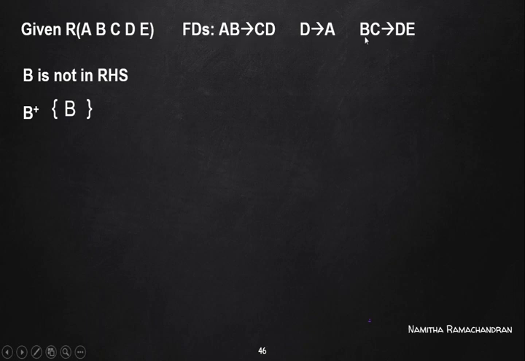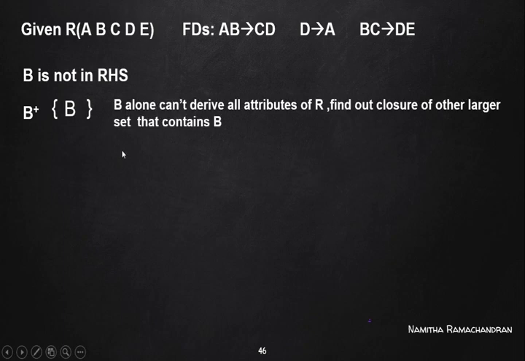Using this B and C, we can derive D and E. But in this closure set, now it is B only. C is not present. So the closure set of B is B only. That means B alone can't derive all the attributes of R.